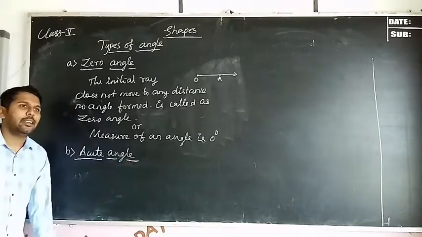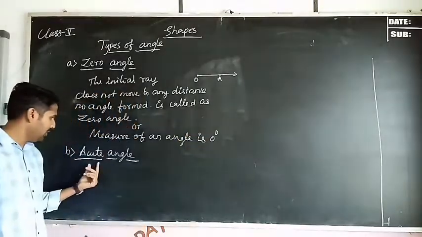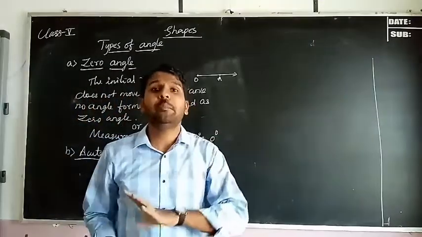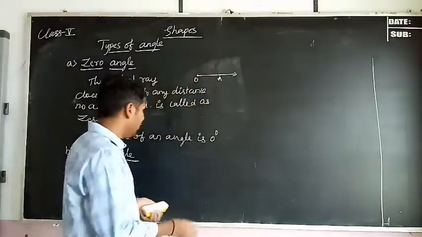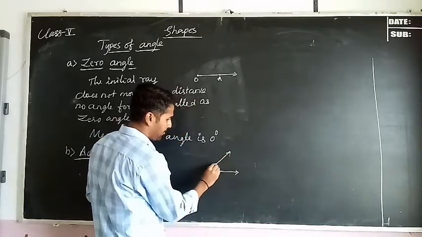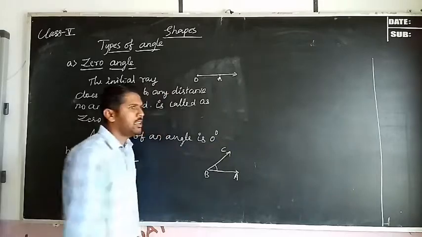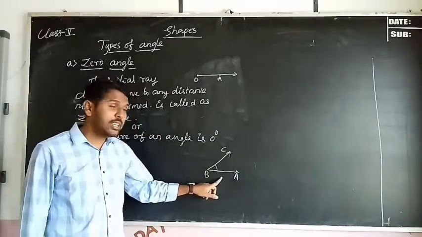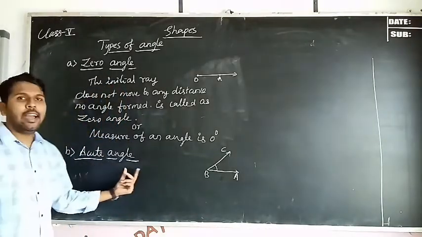Acute angle. The simple definition of acute angle: the measure of an angle is in between 0 degree and 90 degree. How to represent it? A, B, C. The measure of the angle is in between 0 degree and 90 degree, it is called an acute angle.